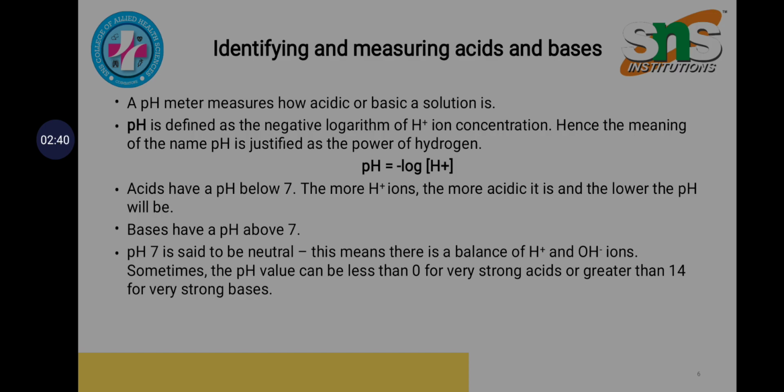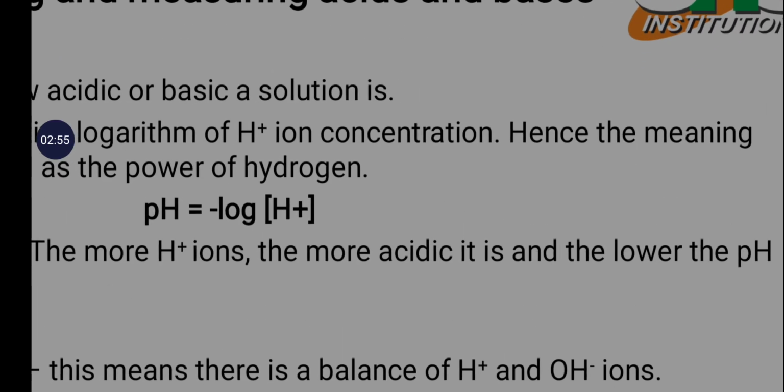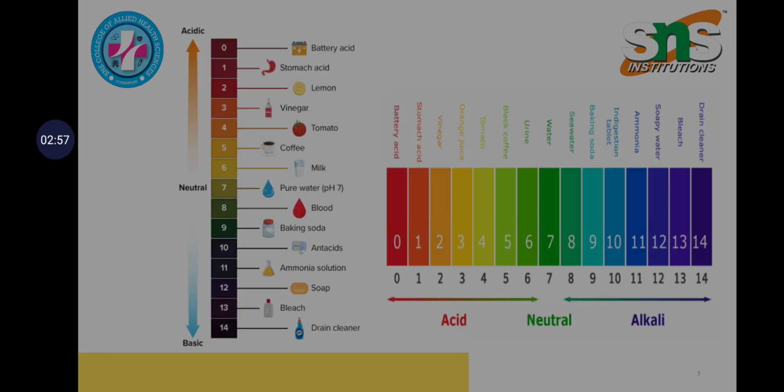So acids have a pH below 7 and bases have a pH above 7, where pH 7 is said to be neutral. This means that there is a balance of H plus and OH minus ions. And these are the examples we commonly come across of acids, bases and neutral.